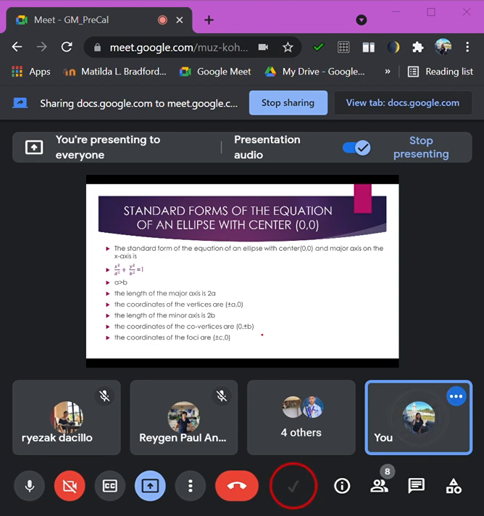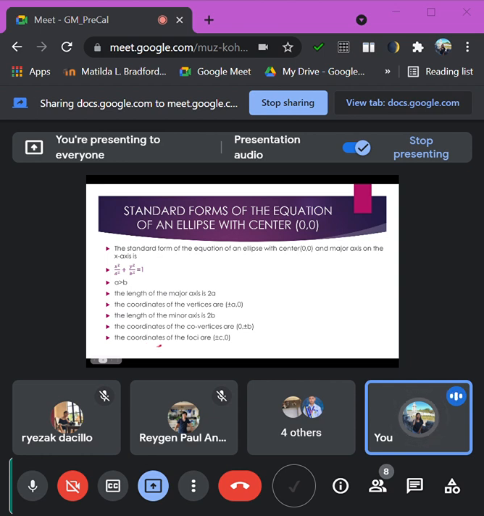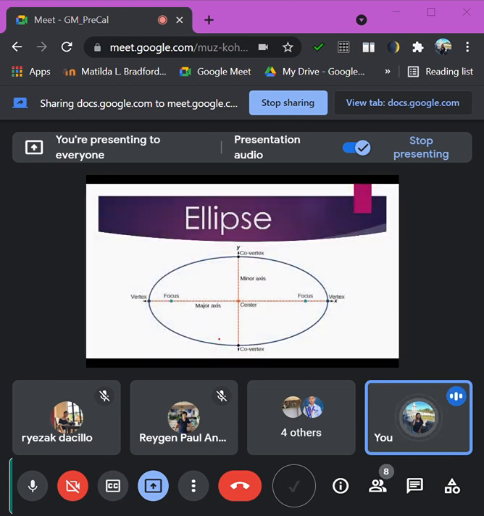Okay? Now, we have there the coordinates of the foci are positive, negative, c, 0. So, teacher, why do we put our c on the x-axis? Because the foci are horizontal and lie on our x-axis.